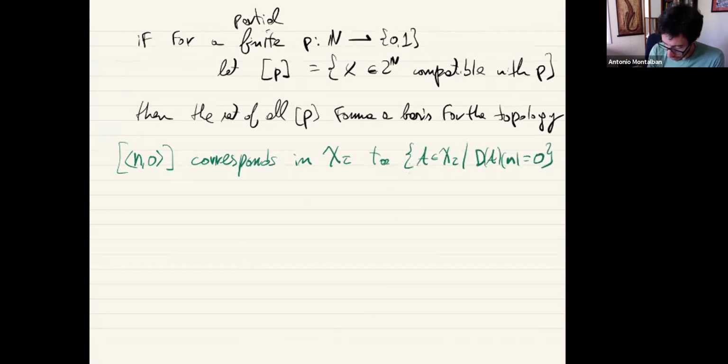That is the same thing as the set of all A's in tau such that A models the negation of the nth atomic formula.